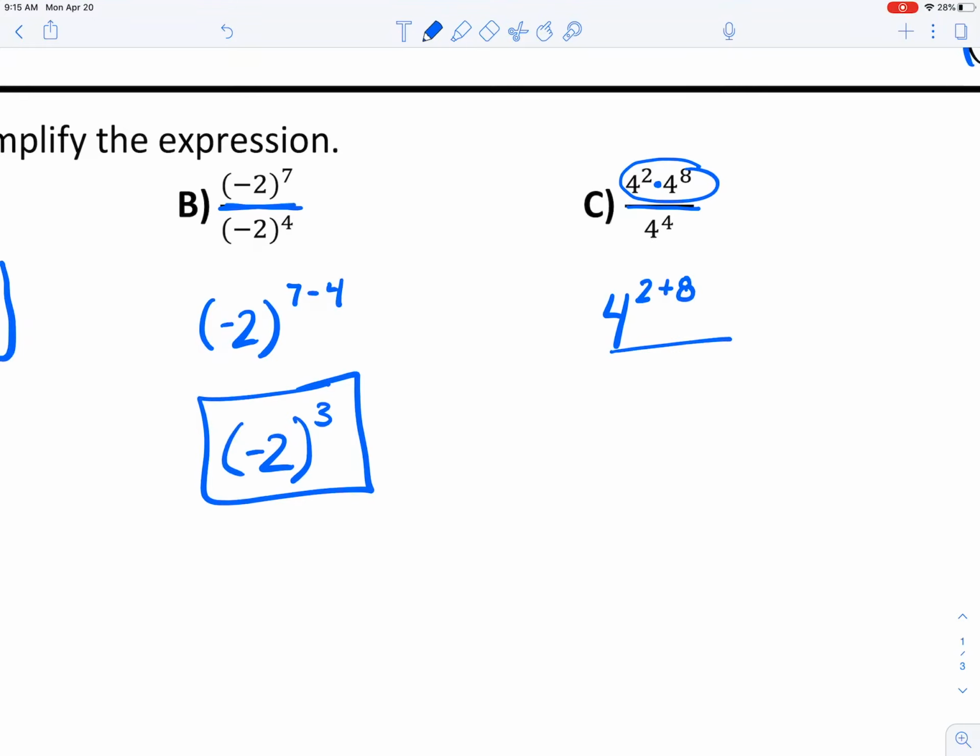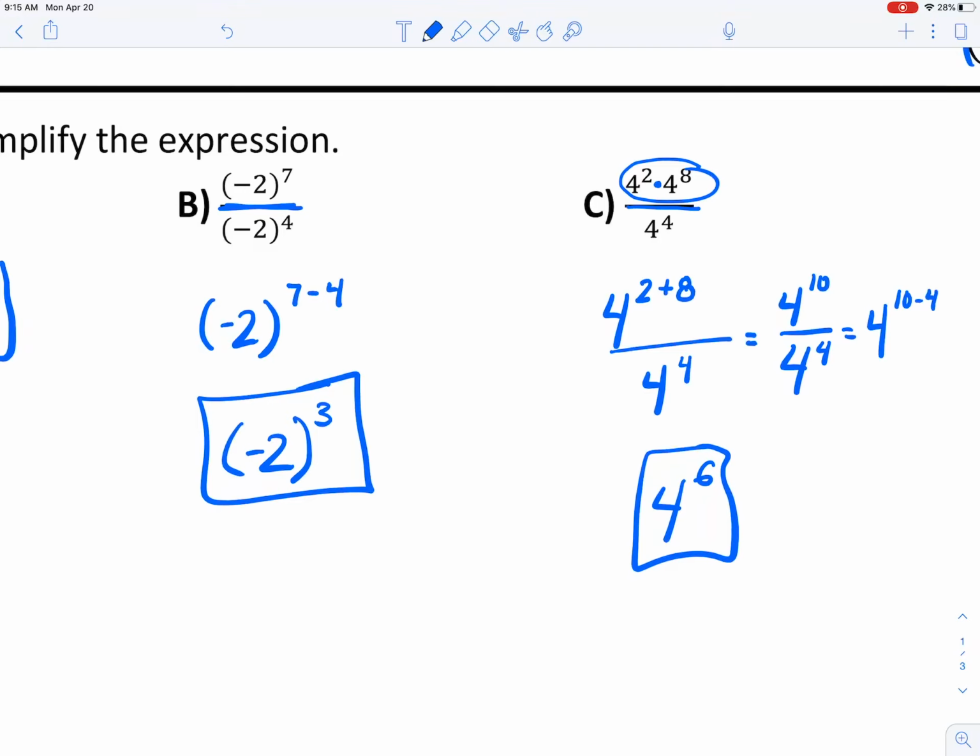So I could do that first. We've got 4 to the 2 plus 8, which is 4 to the 10, over 4 to the 4. Now I am dividing, so I take the exponents and subtract them: 4 to the 10 minus 4, which is 4 to the 6th power.